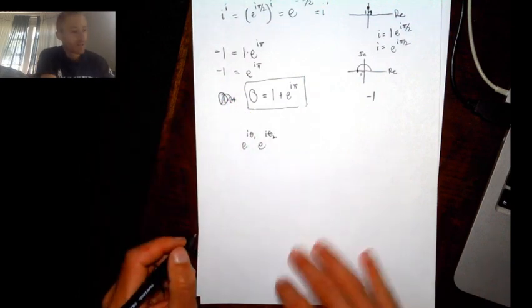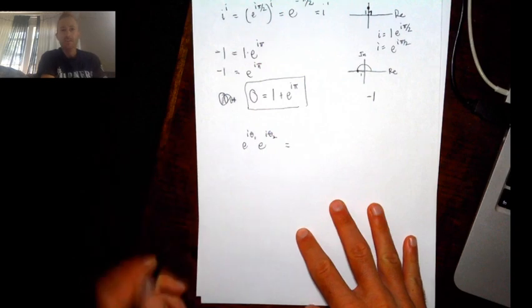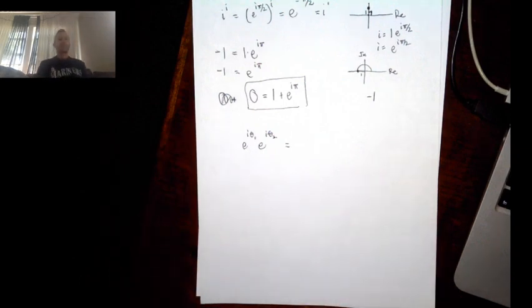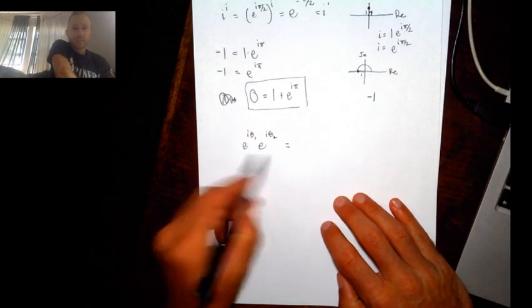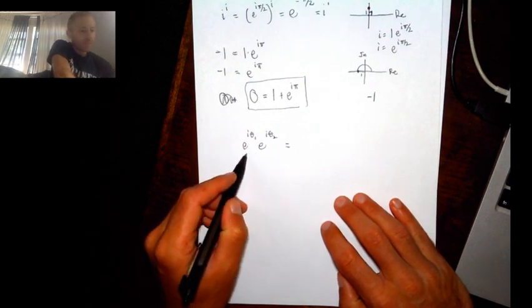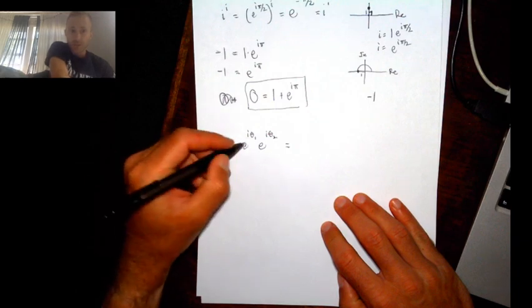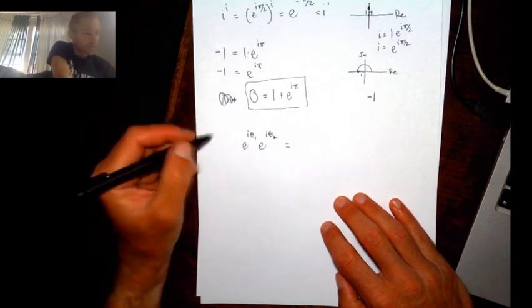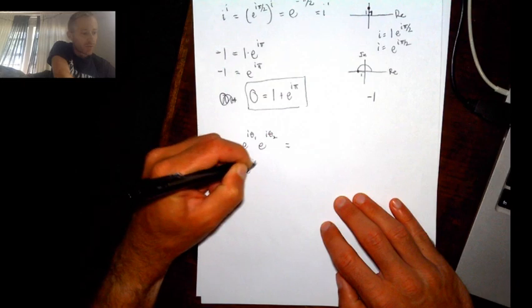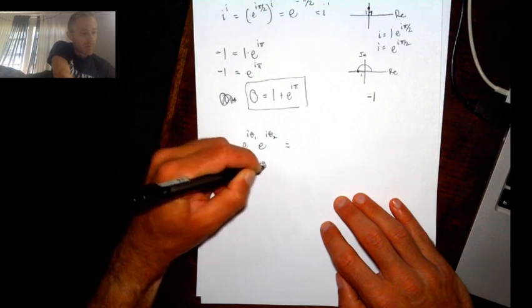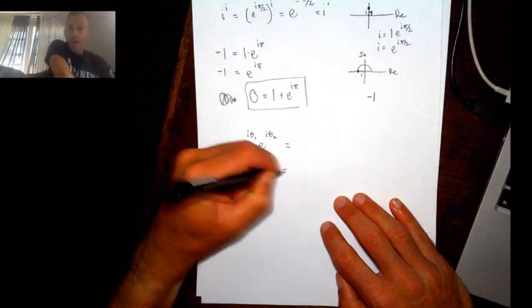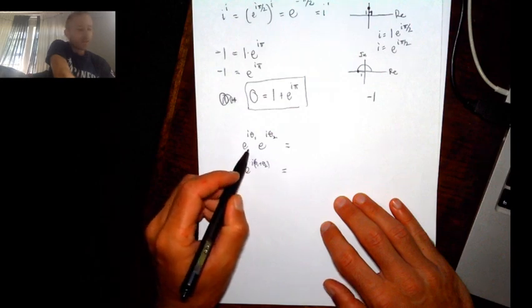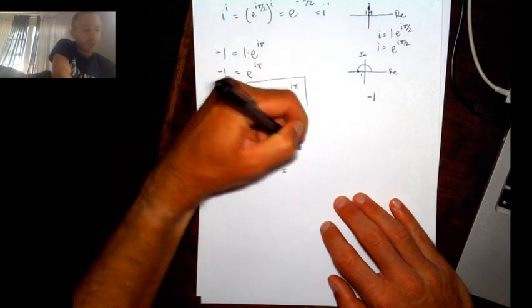On the left-hand side, I'm just going to straight up multiply these. I'm going to use the properties of exponentials. So this is just e to the i (theta 1 plus theta 2). On the right-hand side, I'm going to expand. I'm going to use Euler's formula.